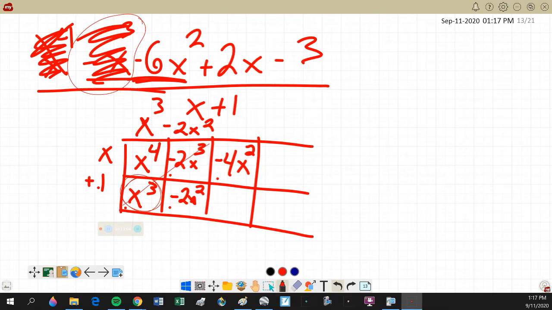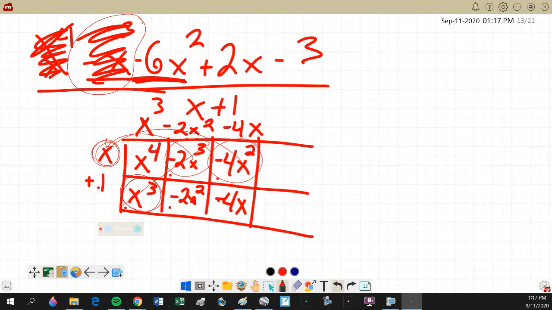So this, I removed an x. So when I get to this step, I need to pull out an x. So I remove an x, and I'm left with negative 4x. And once I have that number, I can create this one, which is negative 4x.